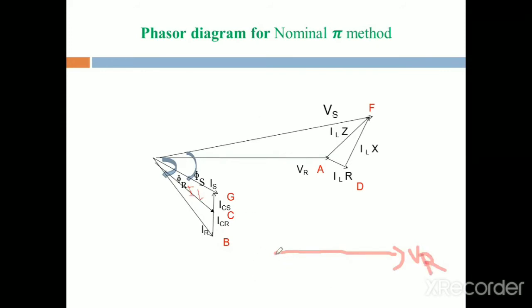At an angle of phi r, we draw the IR. This is the receiving end current IR. At an angle of 90 degrees, we draw the ICR. By the sum of these, we draw the IL.